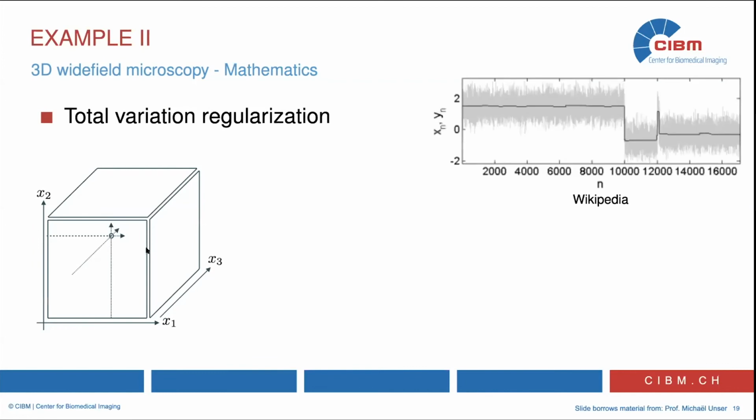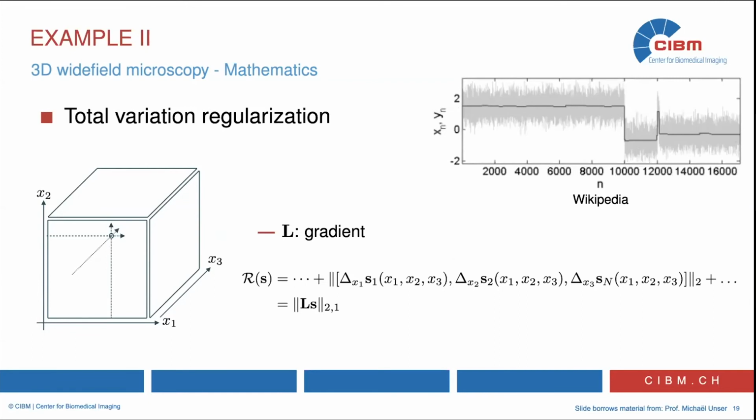If we take a Wikipedia explanation in 1 dimension, total variation regularization is trying to recover piecewise constant volumes or functions. And you do this by, again, putting a norm and using the gradient, so the computation of these variations, as an operator for your regularization.